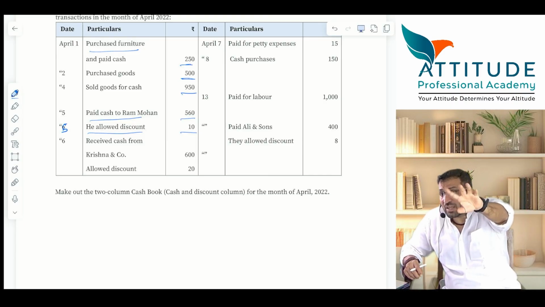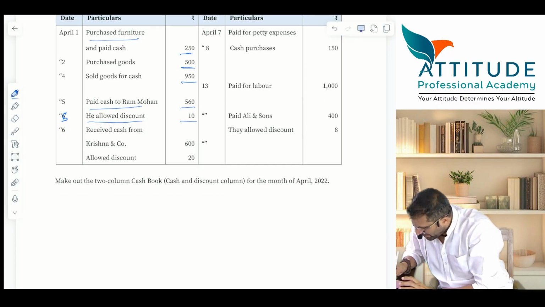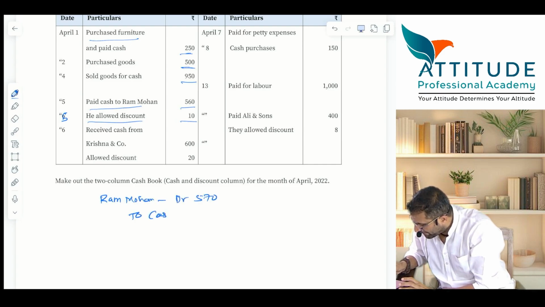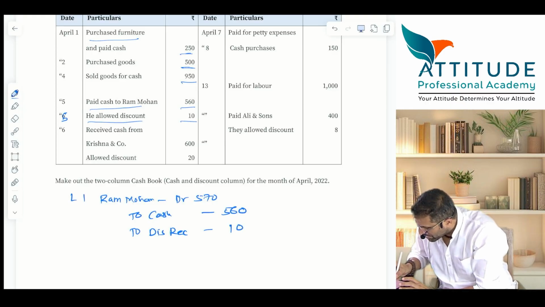Ram Mohan account debit amount 560 or 570? 570, not 560. So the journal entry will be, look, Ram Mohan debit how much? To cash, how much did you pay? 560. And discount received? Discount received is 10. So this is like liability comes down, asset comes down, and income increases.